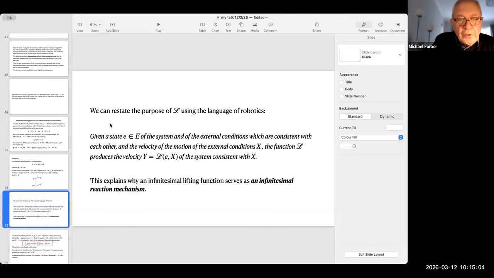So we can just restate the purpose of this curly L, the infinitesimal lifting function, using the language of robotics.